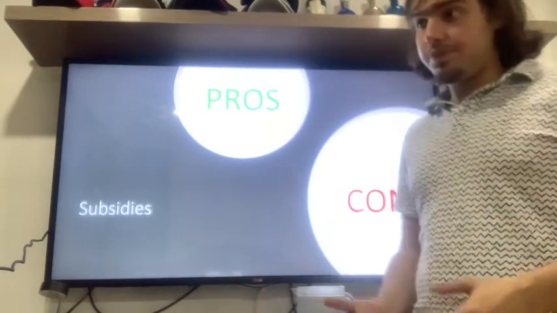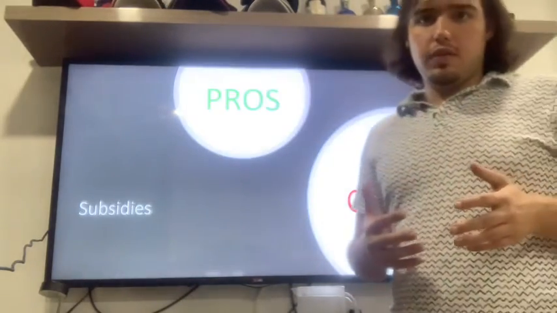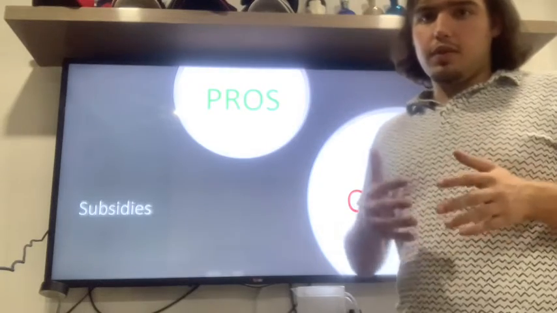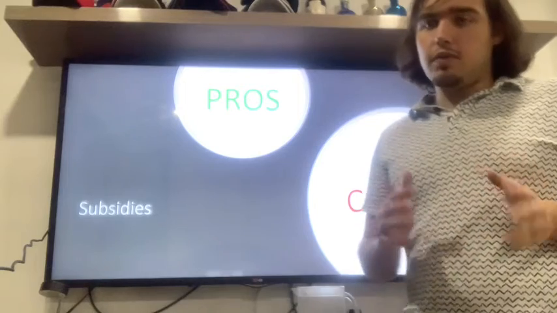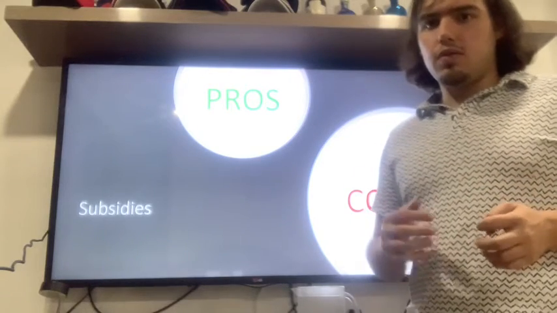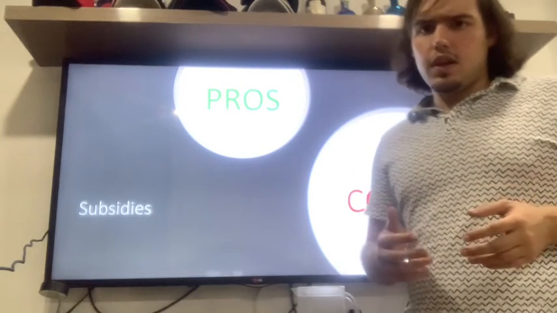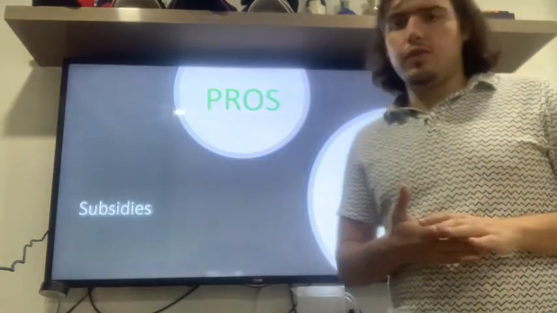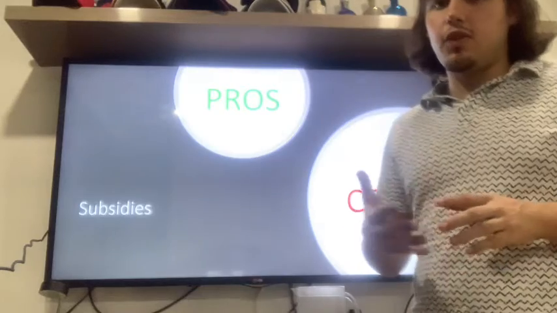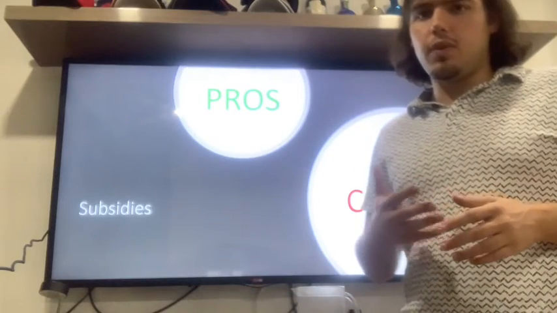So the cons. With subsidies, we have a risk of diverting government money, tax money in specific, to inefficient industries. It creates a disincentive for firms to be more efficient.